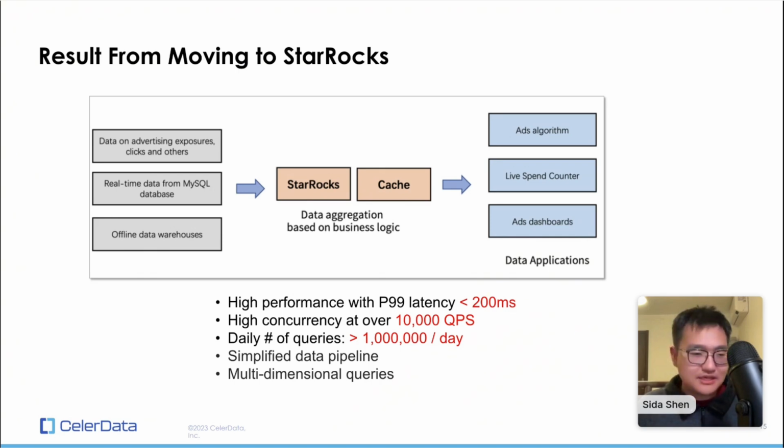We developed a feature in StarRocks that can read those metadata files in parallel. Xiaohongshu was one of the first users to test that feature. Specifically how they run compaction jobs, I'm not really sure. I can connect with you offline and answer that question.